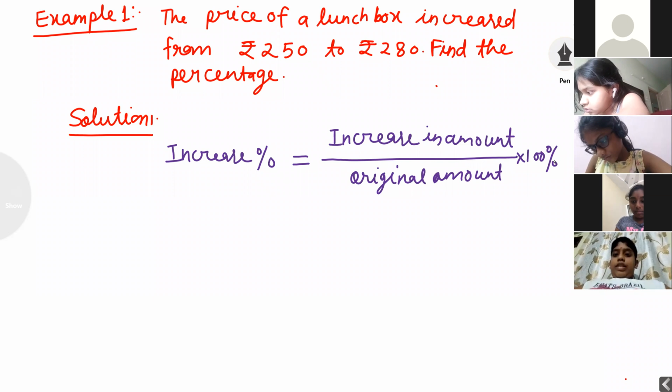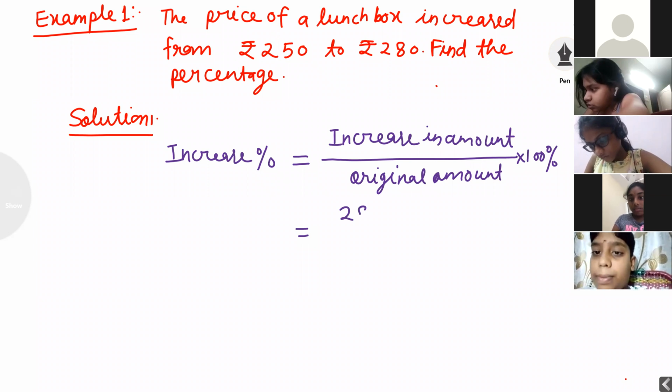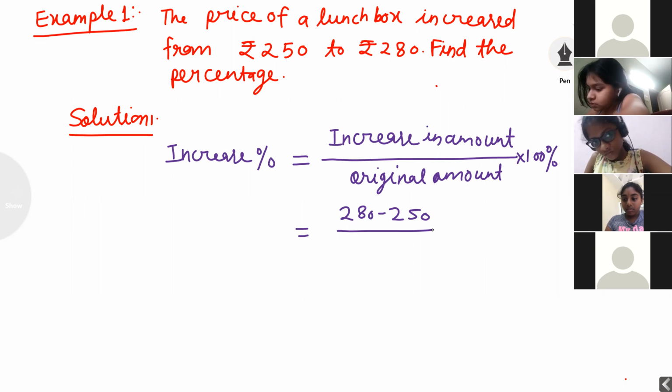Firstly, the price of the lunch box was 250. It has increased to 280, means 280 minus 250, divided by what is the original amount? 250, into 100%.